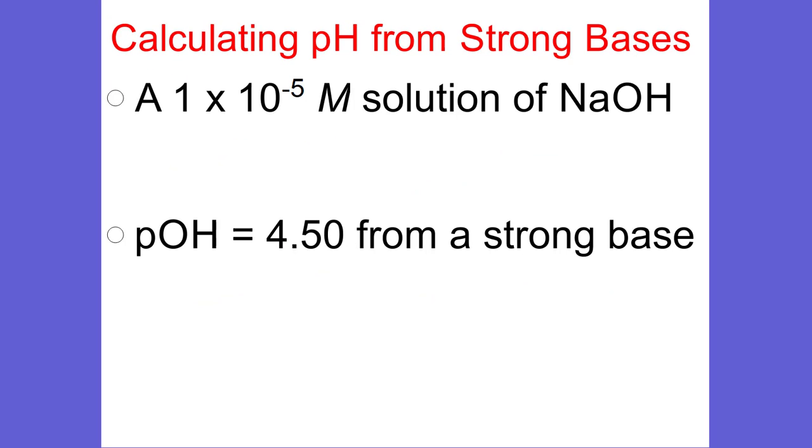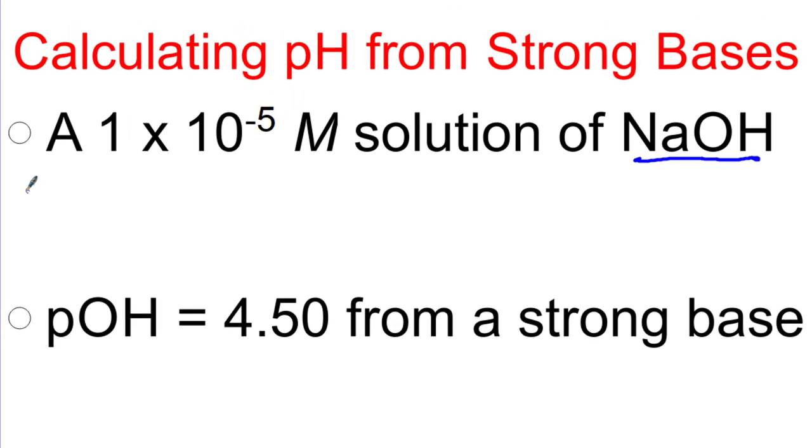Now let's take a look at calculating our pH from a strong base. Okay, so we have strong bases. Here I have NaOH. Sodium hydroxide is a strong base, which means, remember, it doesn't have an H+ in it. It has OH-. So I can find my pOH, which means I do negative log of my OH-. It dissociates 100%.